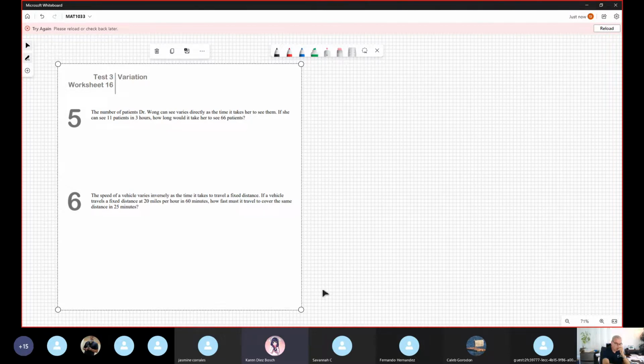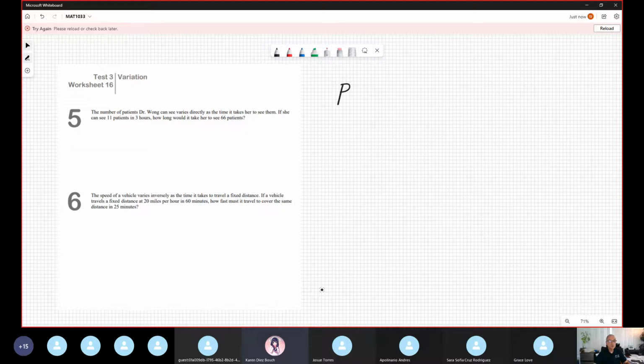The number of patients Doctor Wong can see varies directly as the time it takes her to see them. We have two variables. Patient, let me call P, is patient.